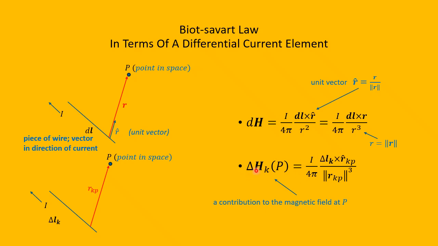And so this thing right here is going to be a contribution to the magnetic field at that point P. We're going to add up a lot of these little delta L sub k going all the way around the circle to find the total contribution of all the parts to that magnetic field at P.